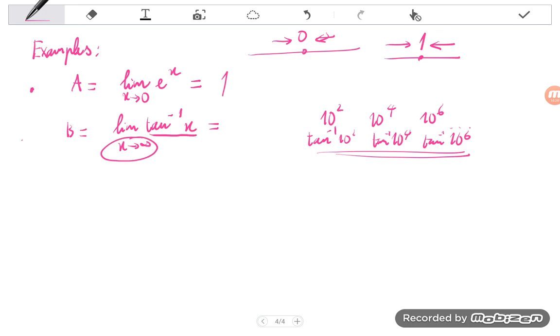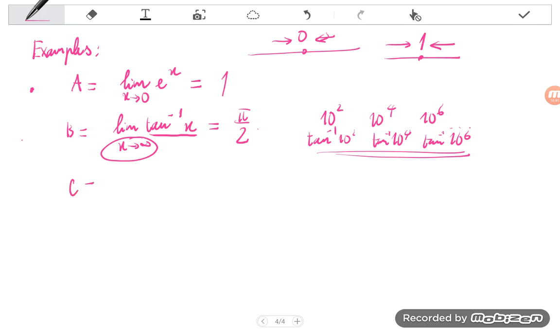You can see that when x becomes larger and larger, the value of the inverse function of tan at x will become closer and closer to pi over 2. Yes, you can check that by your calculator.